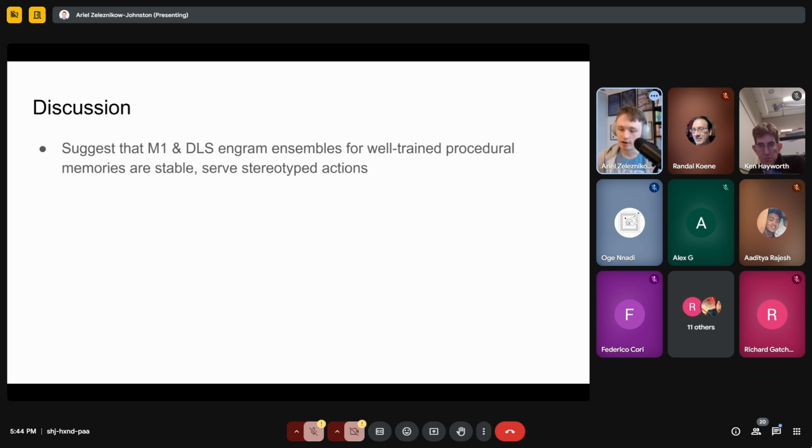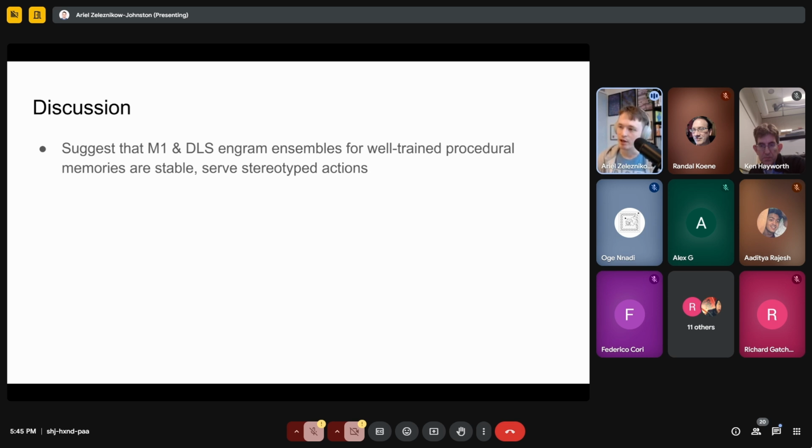They show that those cells recorded on day 7 and 8 of training using the TRAP mechanism are basically the same cells that are active a week later when they visualize using cFos. So there's some stability, at least for a week's time, in the motor cortex in terms of the cells underlying that representation. And they say that maybe this is what helps serve stereotyped actions.